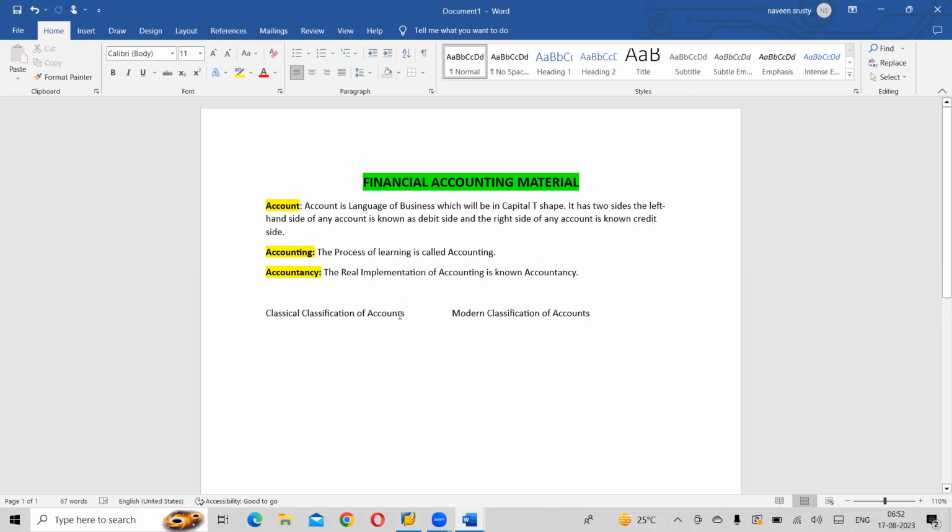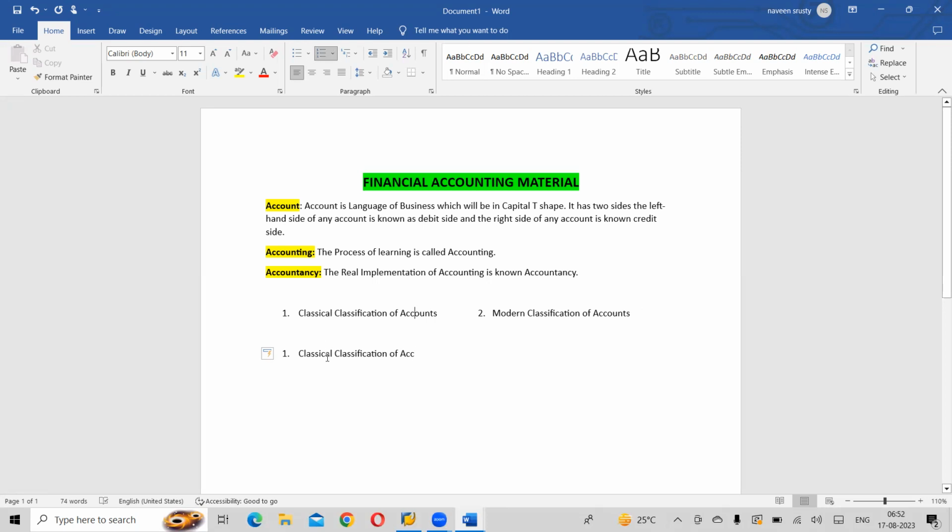So what is the classical classification of accounts? You can also call it the traditional classification.